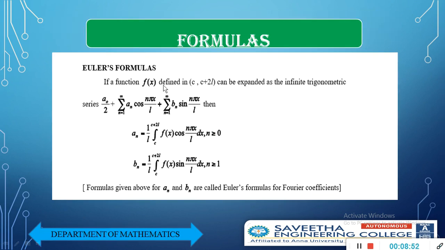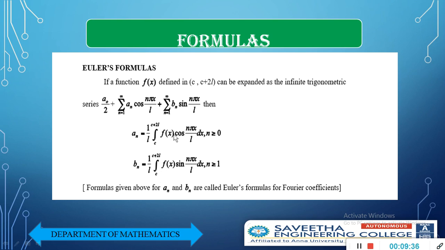If a function f of x defined in an interval c, c plus 2l can be expanded as the infinite trigonometric series a naught by 2 plus summation n equal to 1 to infinity a n cos n pi x divided by L plus summation n equal to 1 to infinity b n sin n pi x divided by L, then a n equal to 1 divided by L integral over c to c plus 2l f of x cos n pi x divided by L dx, and b n equal to 1 divided by L integral c to c plus 2l f of x sin n pi x divided by L dx.